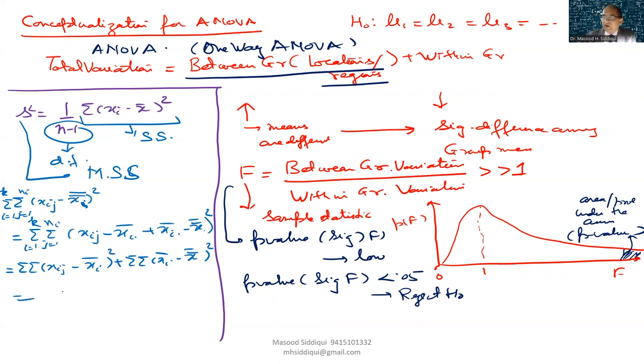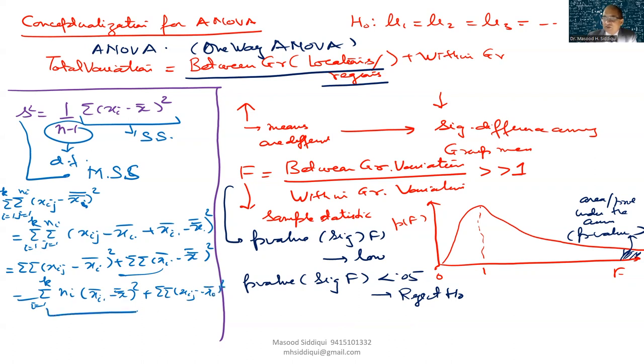Now if we write this part first, we will have sum over i from 1 to k of ni, because j varies from 1 to ni, times xi dot bar minus x double dot bar whole square, plus this double summation of xij minus xi dot bar whole square.